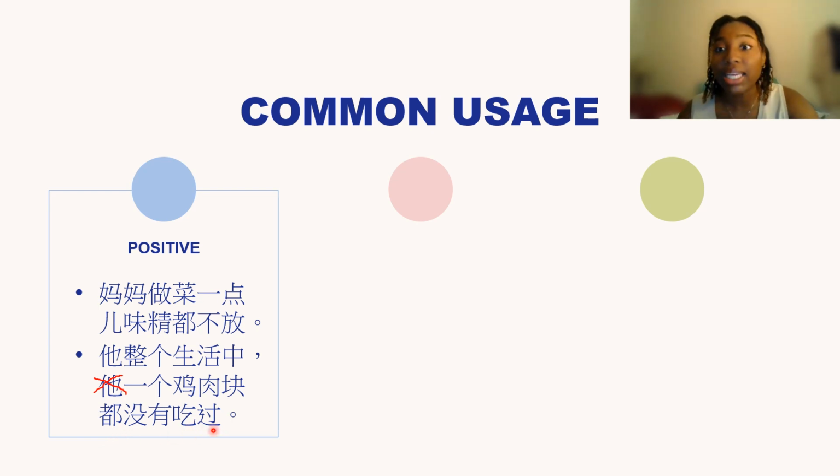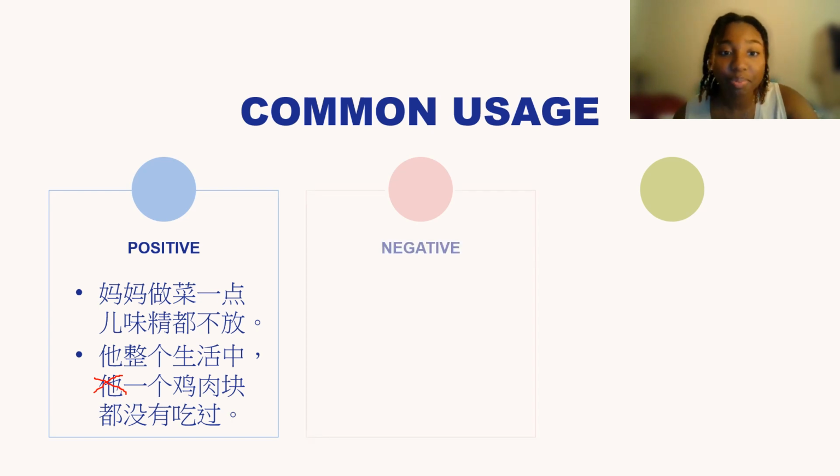Like you've never partaken in the chicken pieces. In 他整个生活中, in his complete life, he's never partaken of chicken nuggets. So for my vegan brothers and sisters who are fighting for the rights of the animals, if that's you, this is positive, you can use the sentence in that way.